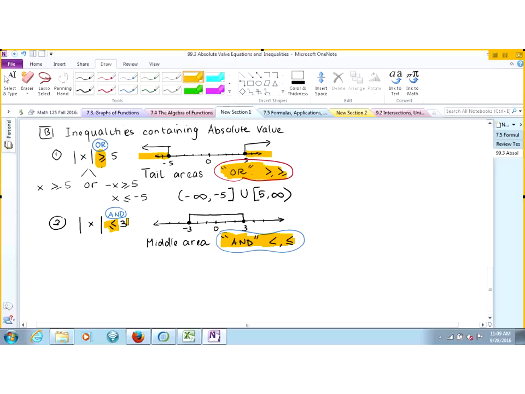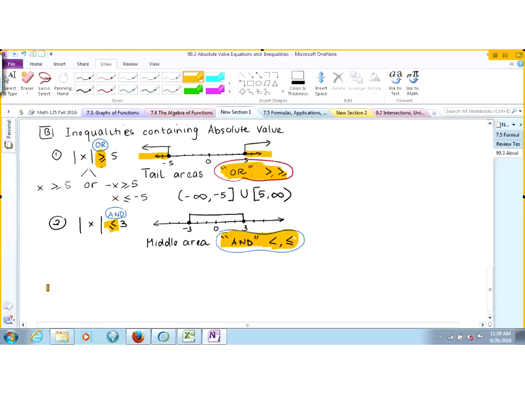Because it's different when it's greater than or less than. Would you remember the N and the or? Which one's N? Right. So in the middle. Because the distance is small. The distance is less than something, so it's in the middle. Okay?